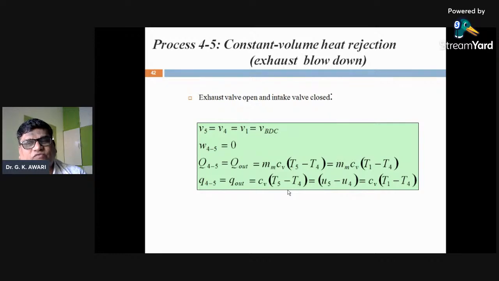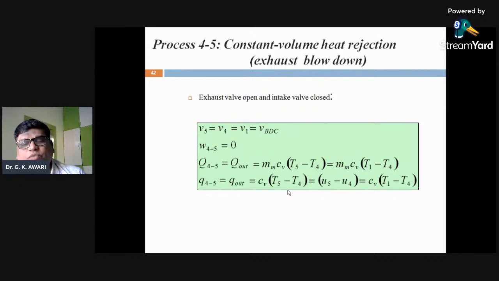So work done from 4 to 5 is equal to 0. So Q4 to 5 is equal to Q out, which is m CV (T5 minus T4), equal to m CV (T1 minus T4), equal to U5 minus U4, equal to CV into (T1 minus T4).